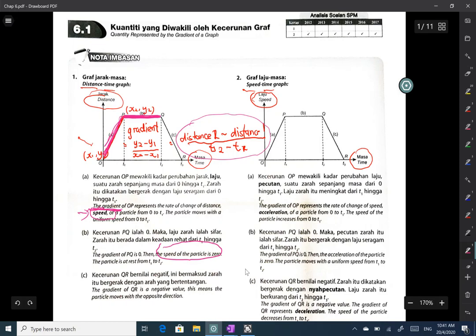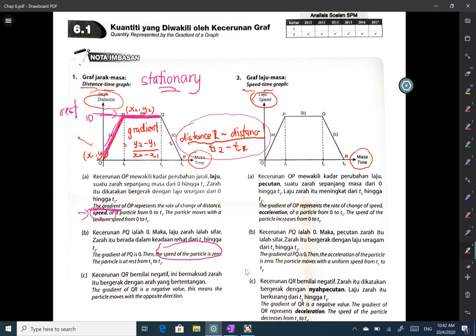Usually we say we rest at P and Q, because there is no movement. The distance stays the same, for example, 10. We don't move between P and Q, so we say the particle is at rest, or we call this condition stationary. No moving. We call it stationary.